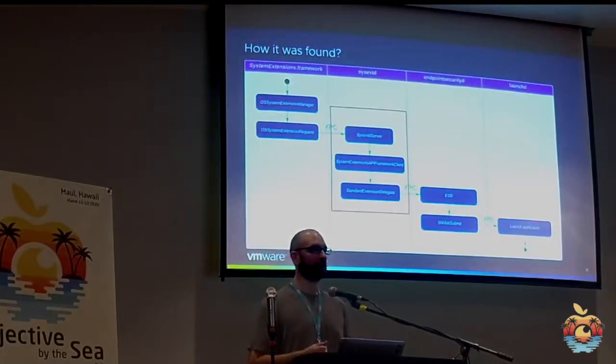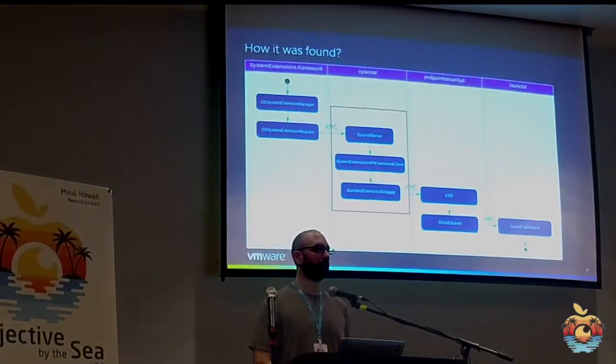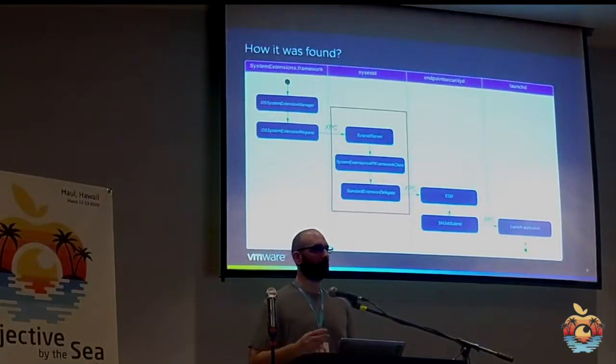So I started here with these first two pieces, the system extension framework, system extension D, and XPC. At this point, you can use something like class dump. You can run it on system extension D, and you can get that protocol that it's using out to see, again, what does it support? And you can build a little stub application. Rather than going through the system extension framework, take your little stub application, copy and paste your class dumped protocol out, and then use standard XPC methods to connect to this service and run different methods.